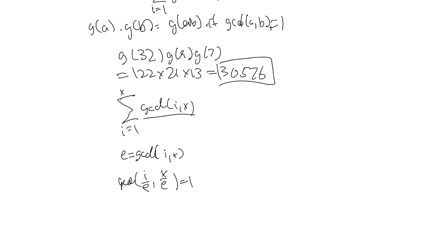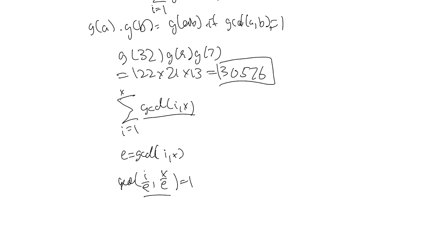Okay, so next we're going to enumerate over this. We're going to count how many i's satisfy this. What we have here is that these two are coprime. And if you look into it, x is bigger than i, so we can take the number of i over e, which equals the number of i, since dividing is a well-defined function.